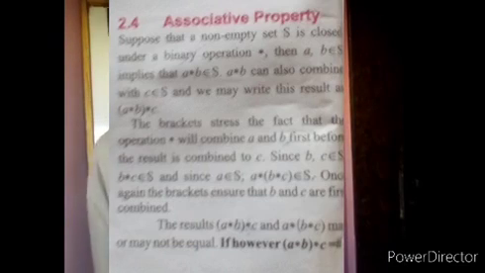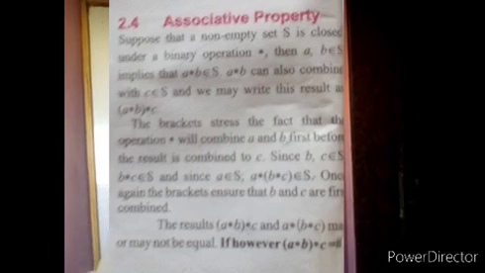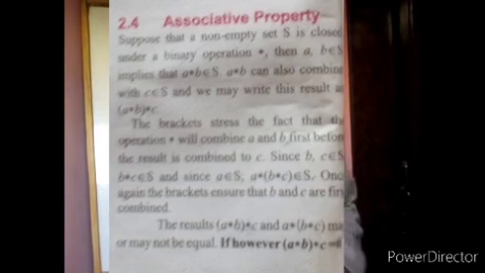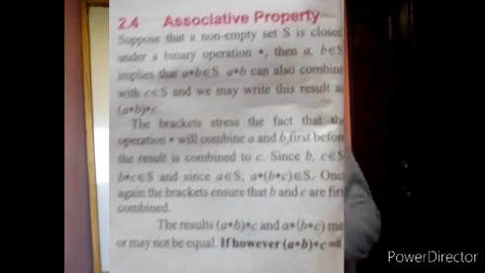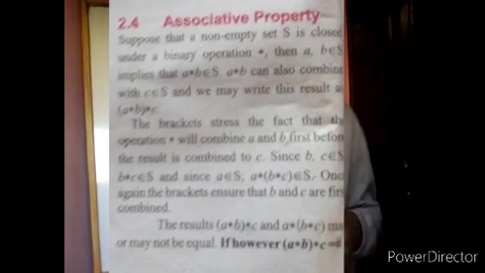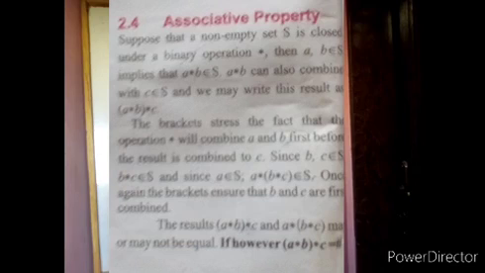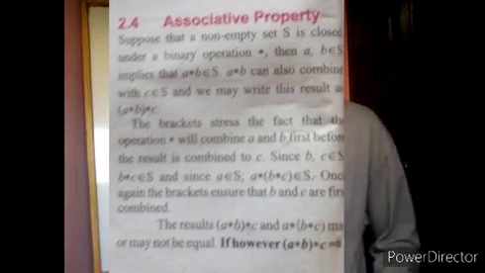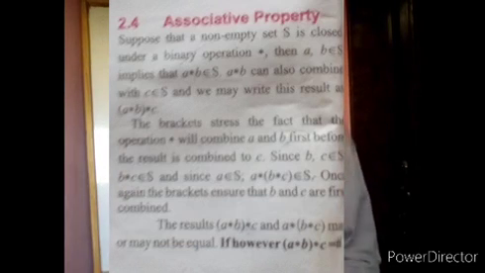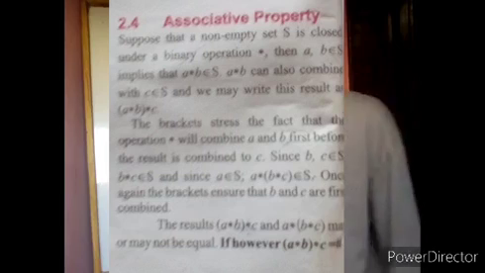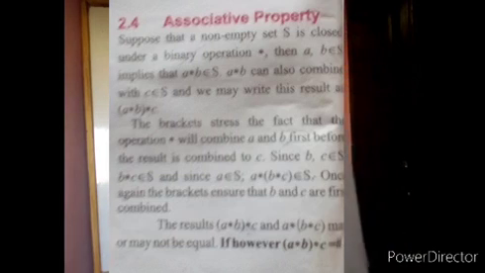The brackets stress the fact that the operation asterisk will combine A and B first. From what is on the screen, the results (A asterisk B) asterisk C and A asterisk (B asterisk C) may or may not be equal. That is the condition for us to check the associativity of a particular operation.